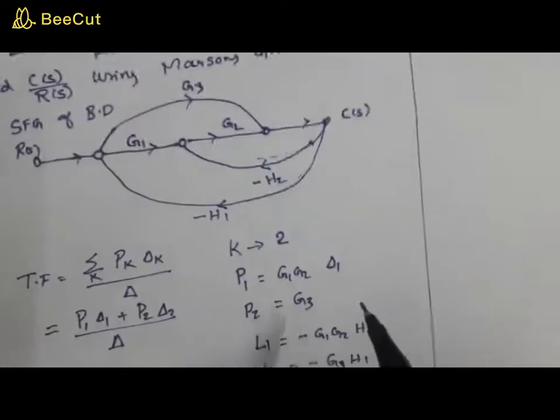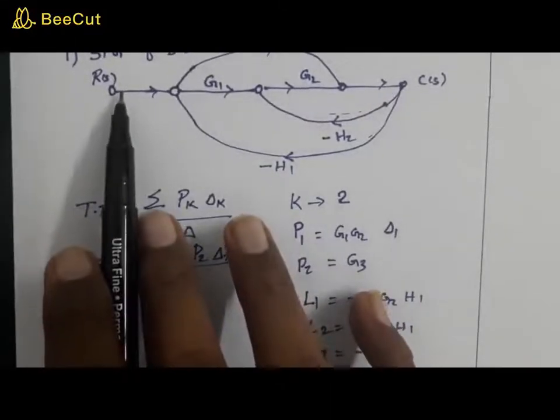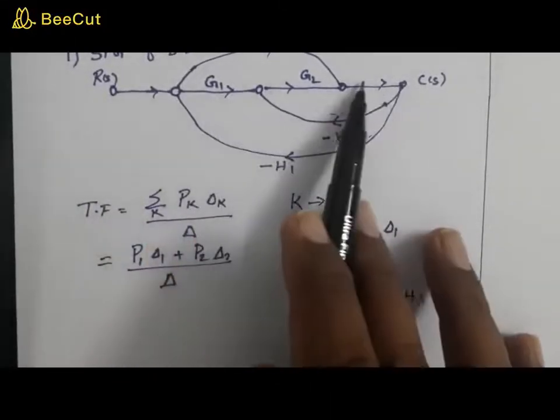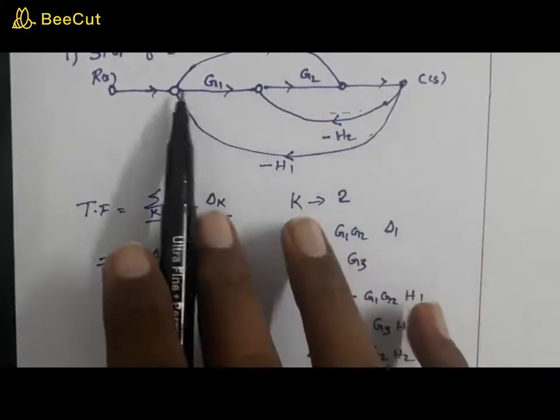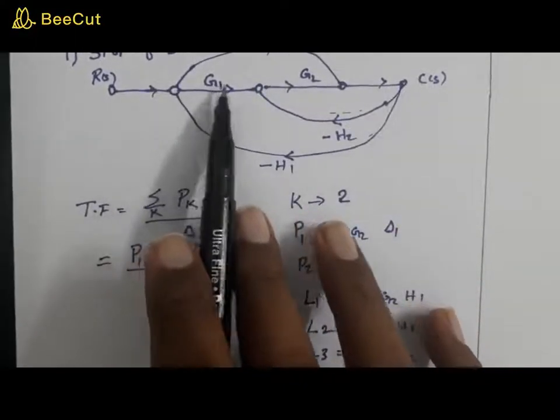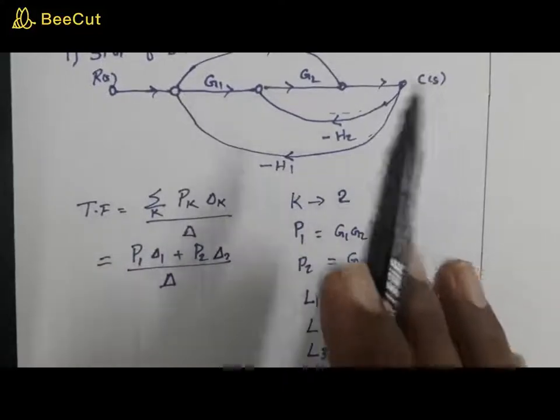Now delta 1 is actually the graph determinant when you take that P1 away from this graph. Now let us see what happens when this is P1, that is G1, G2. When you take away that path, all the nodes associated with that path also get removed.